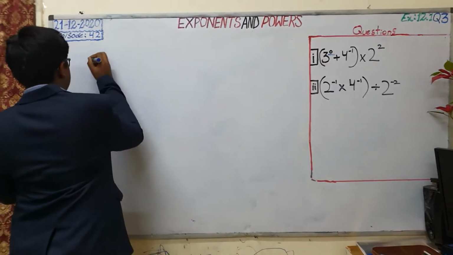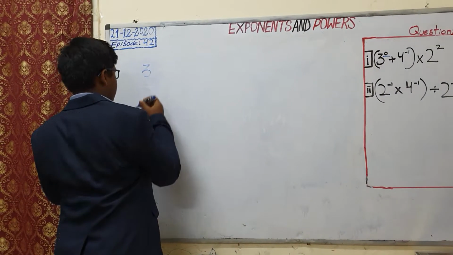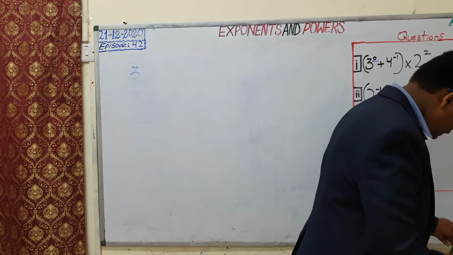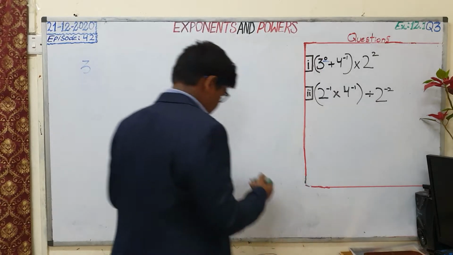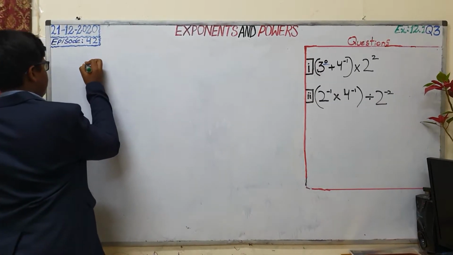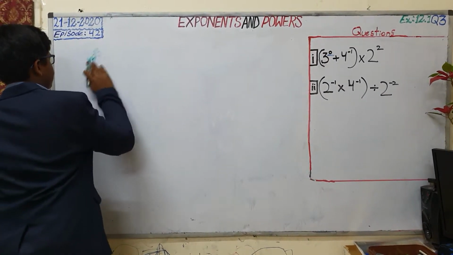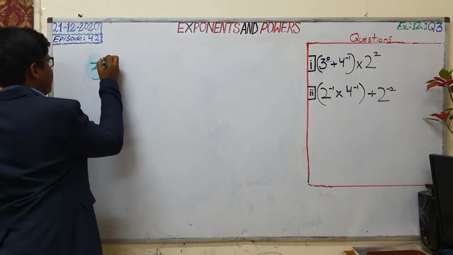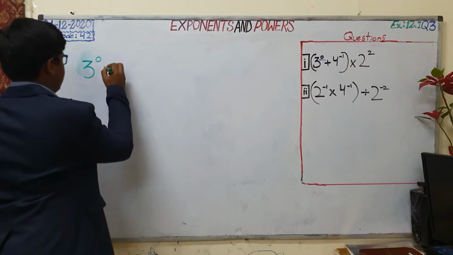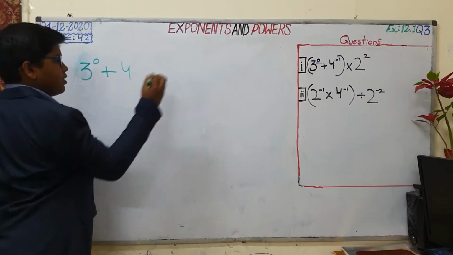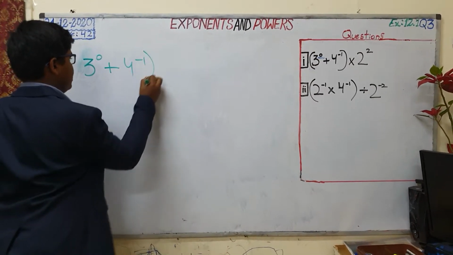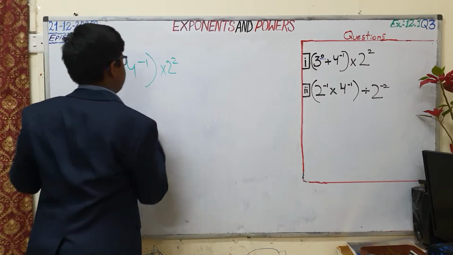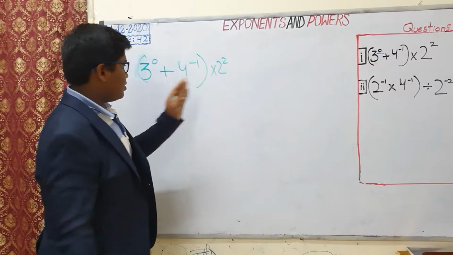So first write the steps here: 3 raised to the power 0 plus 4 raised to the power minus 1 in bracket, then into 2 squared.